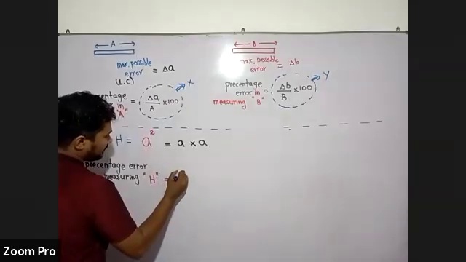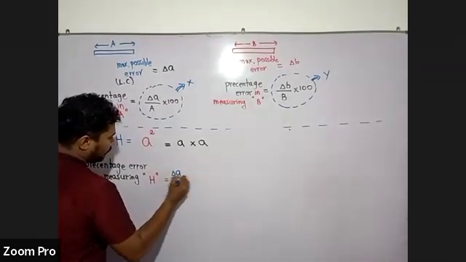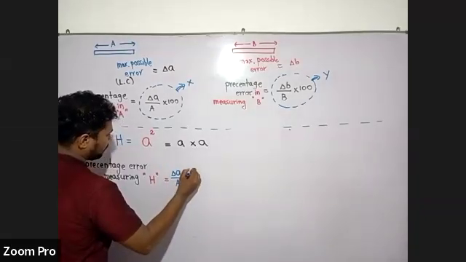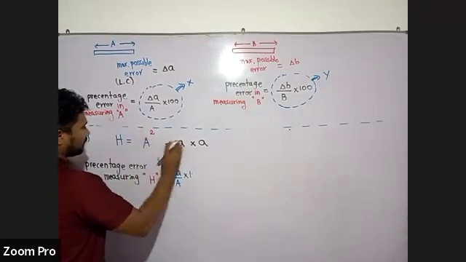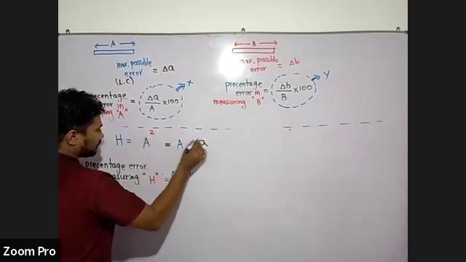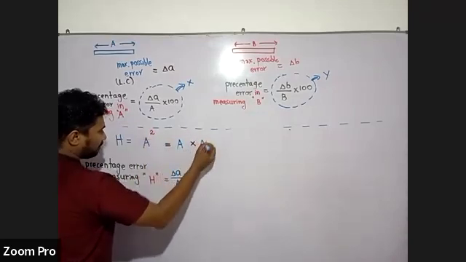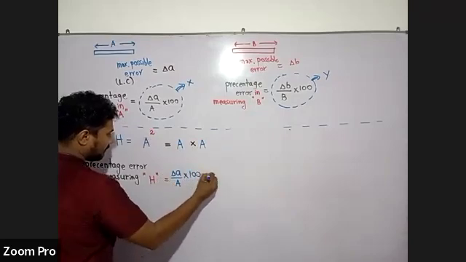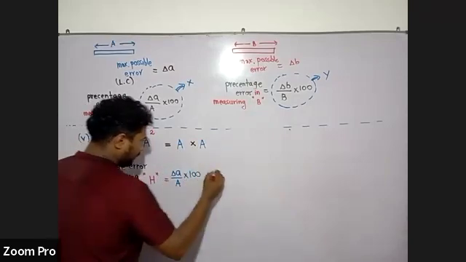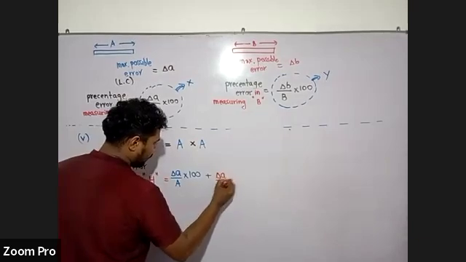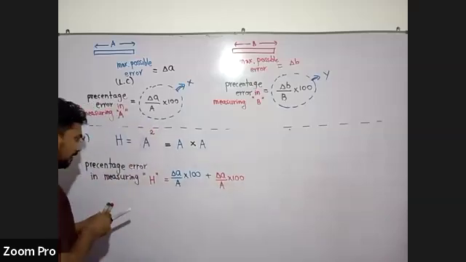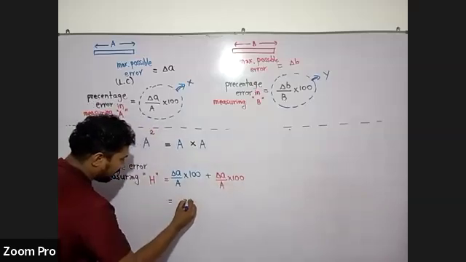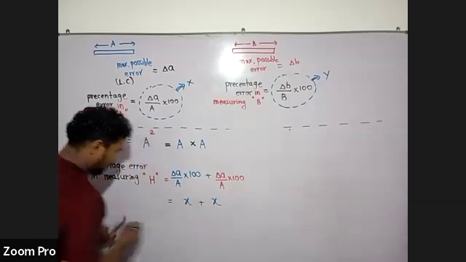Then this can be represented as delta A over A into 100, considering this one as capital A squared, so A into A, plus delta A over A into 100. So this can be represented as x plus x, isn't it?